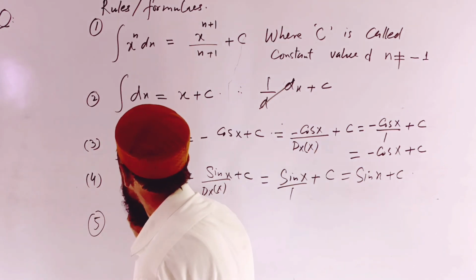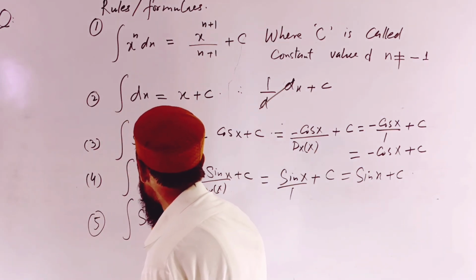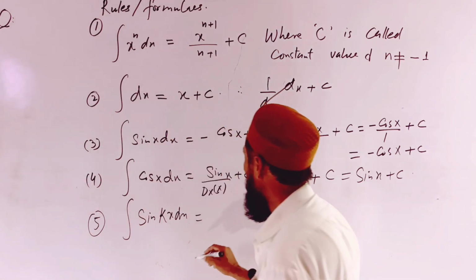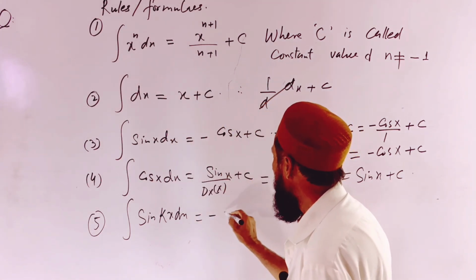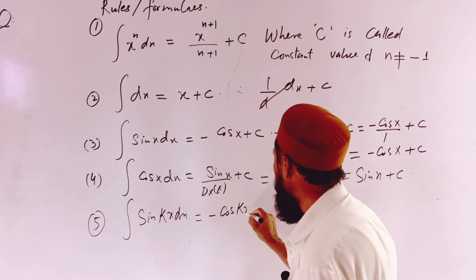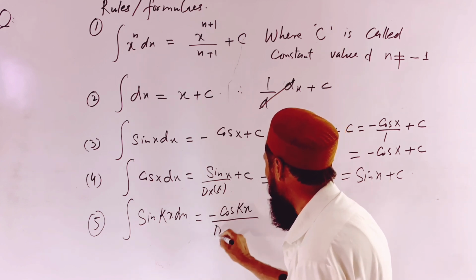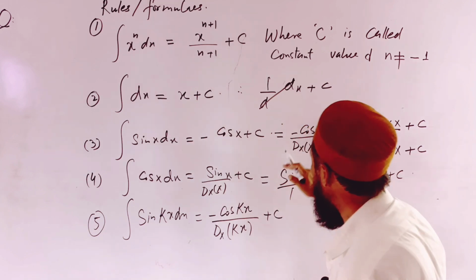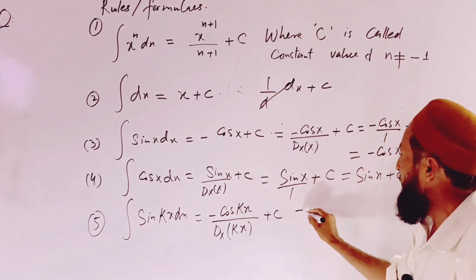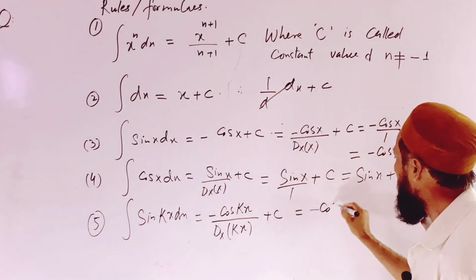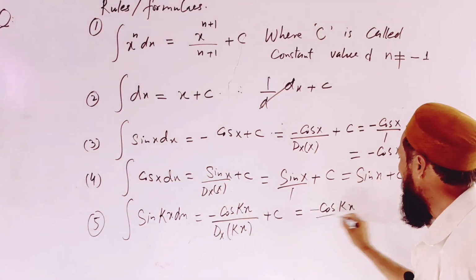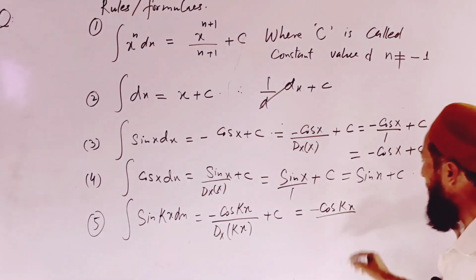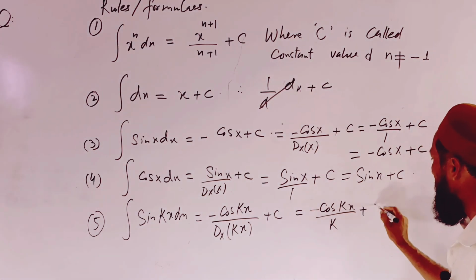For example, if I change it to integration of sin kx dx, the formula is the same: minus cos kx, and the derivative of kx in the denominator, plus c. The derivative of x is 1, multiplied by k, so the result is minus cos kx over k plus c.